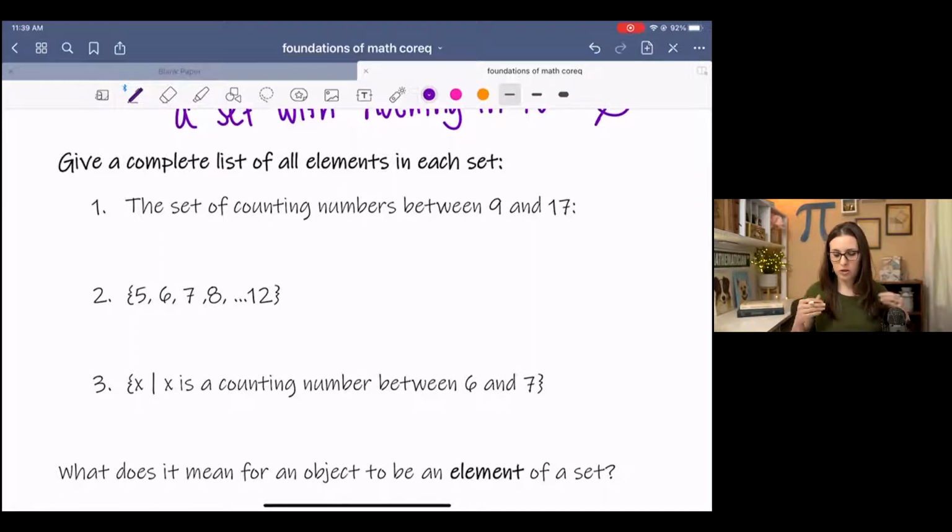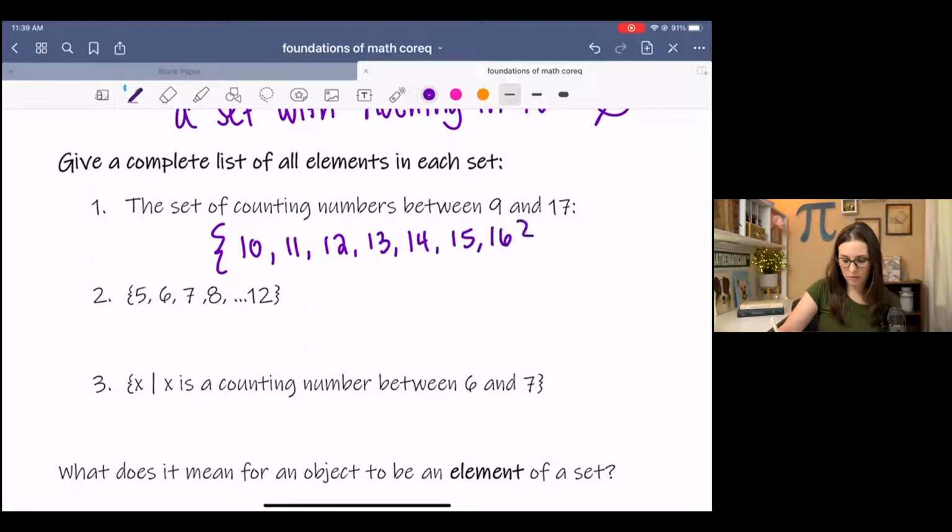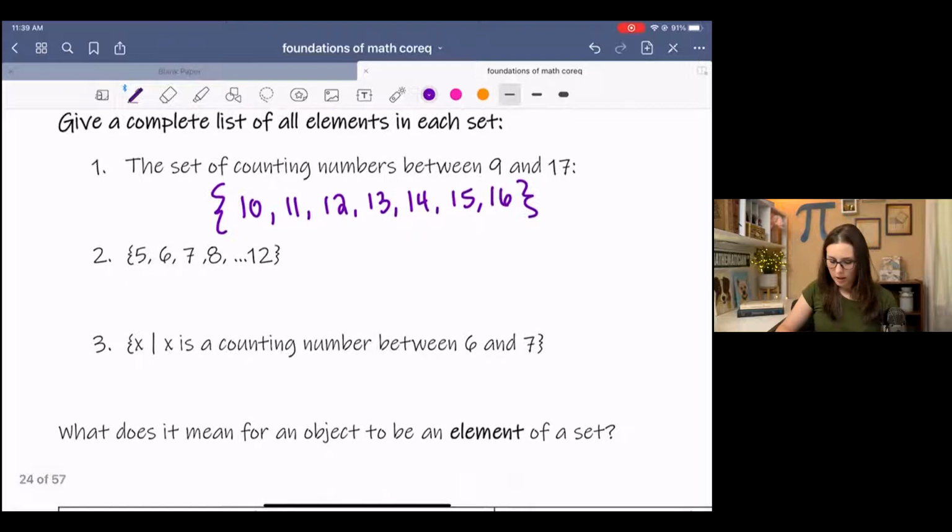So if we're listing that, between 9 and 17: 10, 11, 12, 13, 14, 15, 16. Super simple.